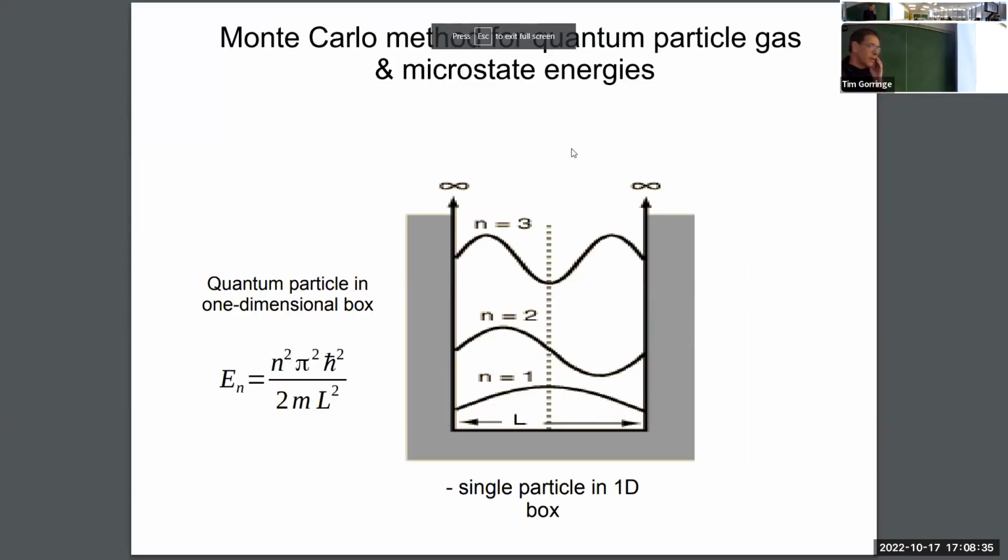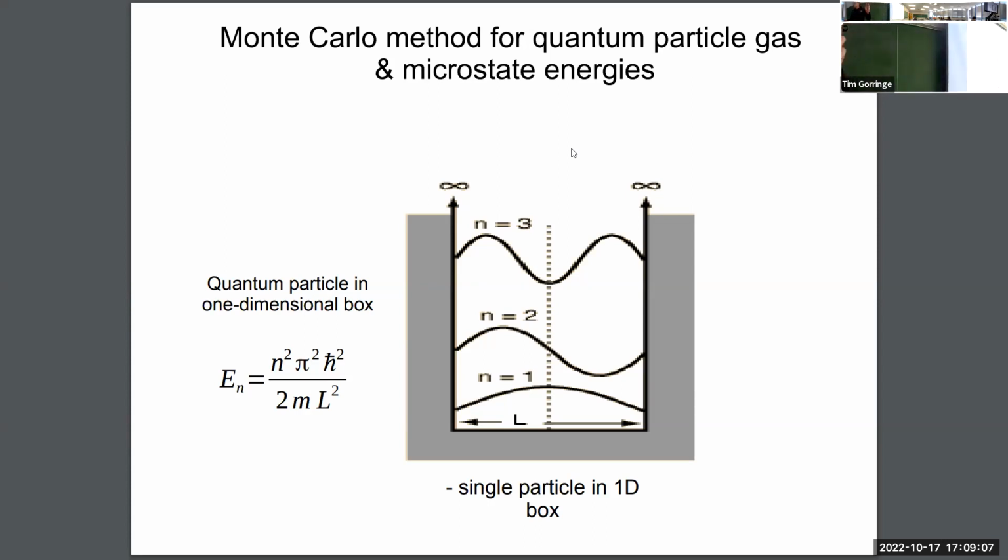Last couple of slides, just a couple of specifics about the allowed states of this quantum gas that I'm going to use. So we need to know, if I increase the energy by 1 unit to the next excited state, or I decrease it by 1 unit, how much change of energy is that in terms of the nature of the gas, the mass of the gas atoms, the size of the box the gas is in, and so on and so forth.